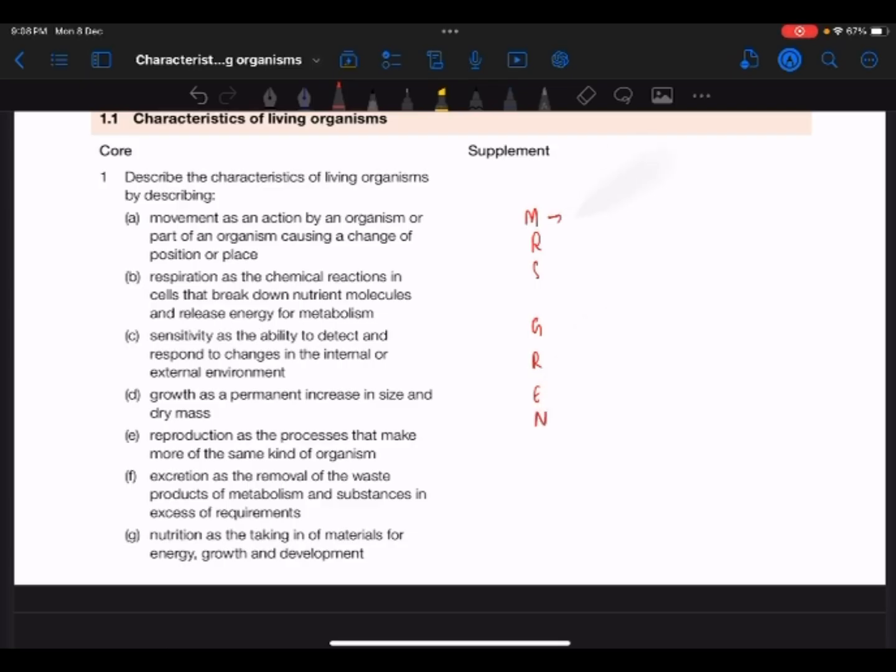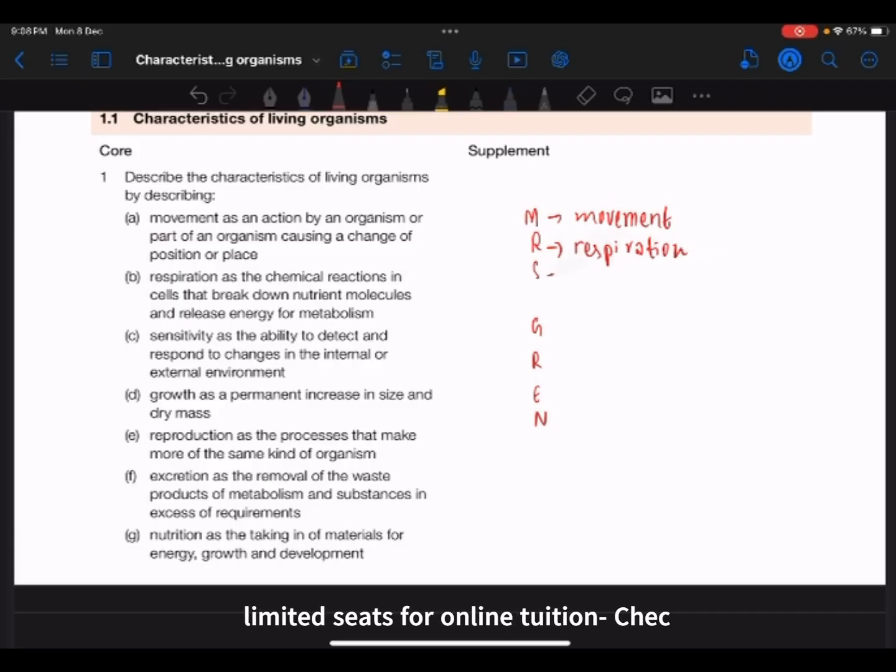M stands for movement. R stands for respiration, extremely crucial. S stands for sensitivity. G stands for growth.